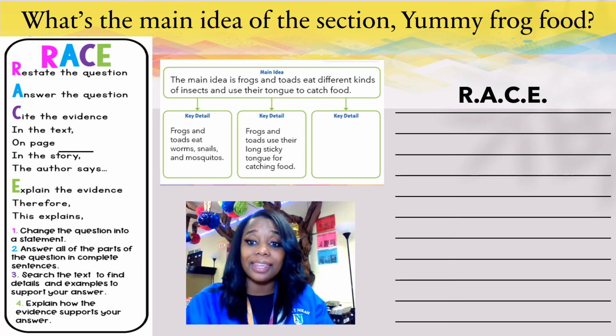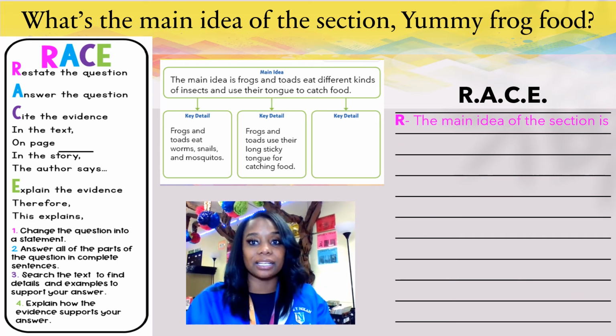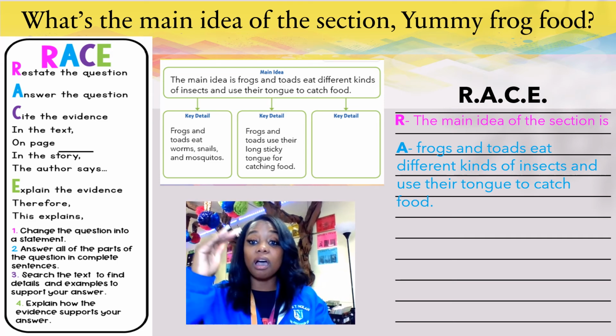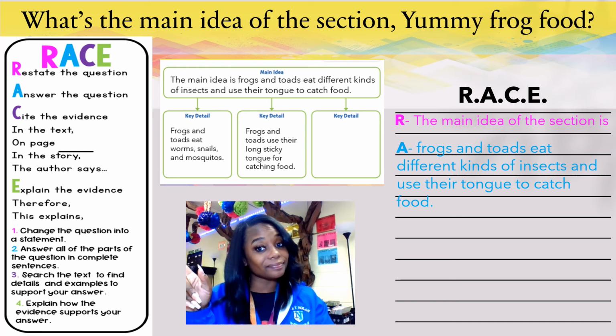So we did that over in our graphic organizer. Our graphic organizer states the main idea of the section is, and our answer, frogs and toads eat different kinds of insects and use their tongue to catch food. The R and the A is complete.